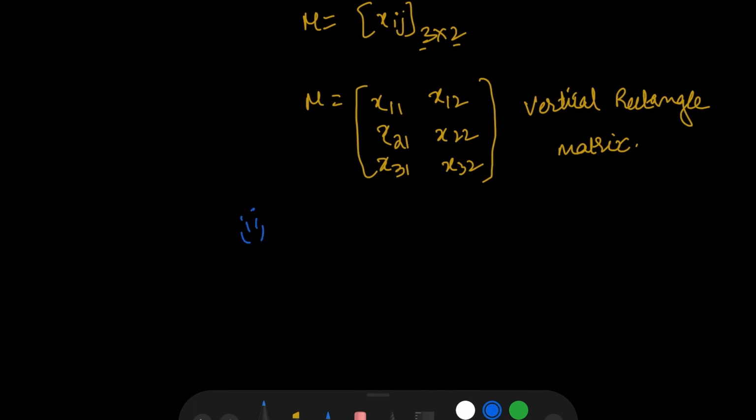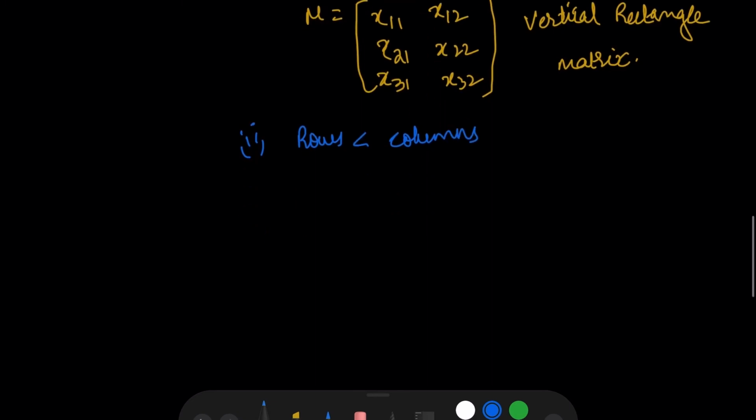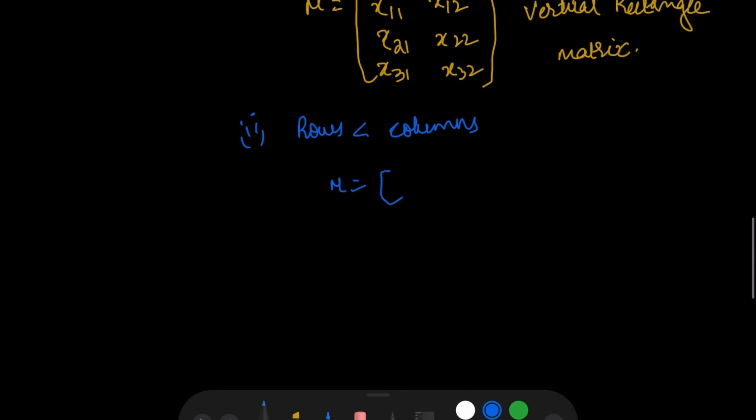The second type is when the number of rows is less than the number of columns. So M is equal to x of ij, and the columns here should be greater. Let us build a 2 cross 3 matrix. So M is equal to, we have 2 rows and 3 columns.